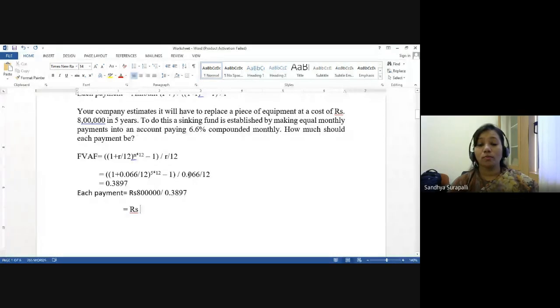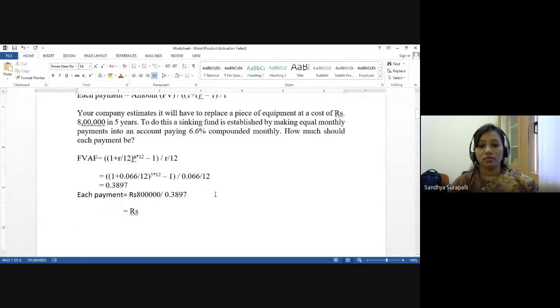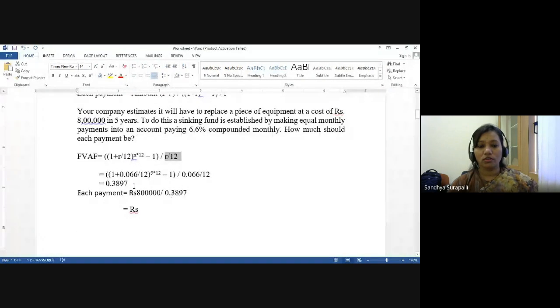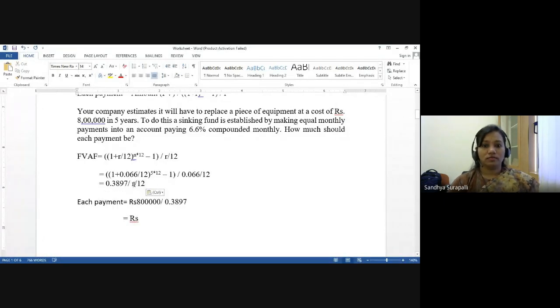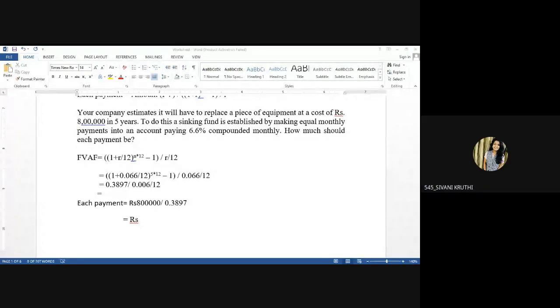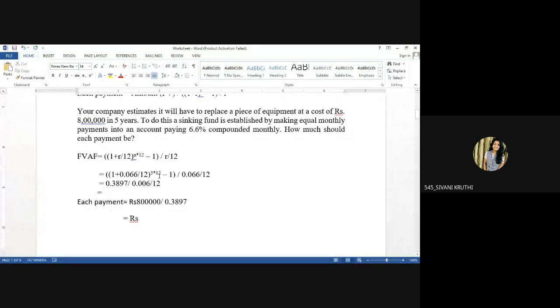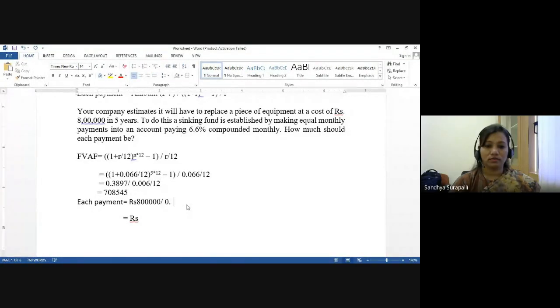Oh, sorry, 0.3897 again has to be divided by R by 12. I forgot to divide it with the denominator. 70.854. Yes, when we divide it, it is 70.8545. This is what it is.